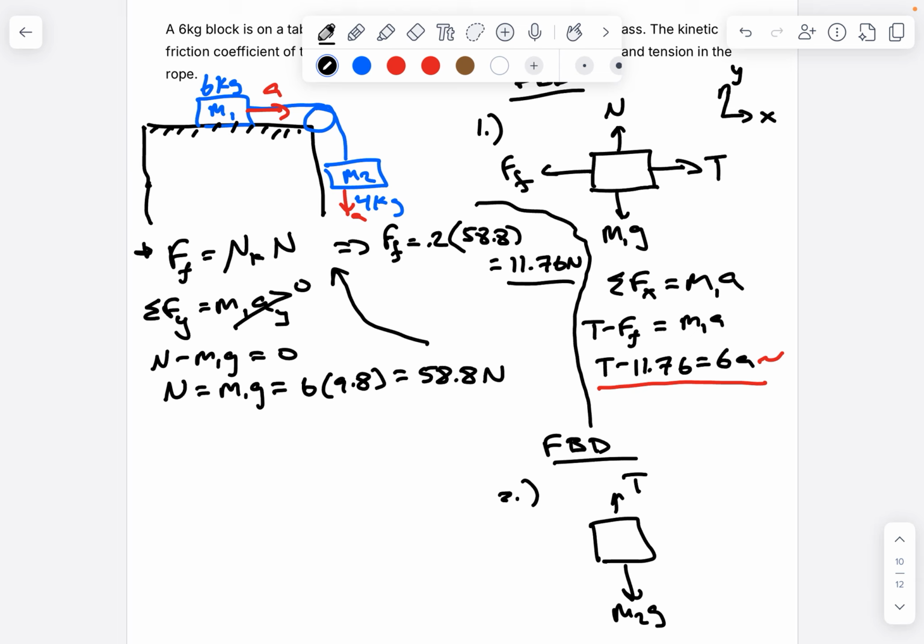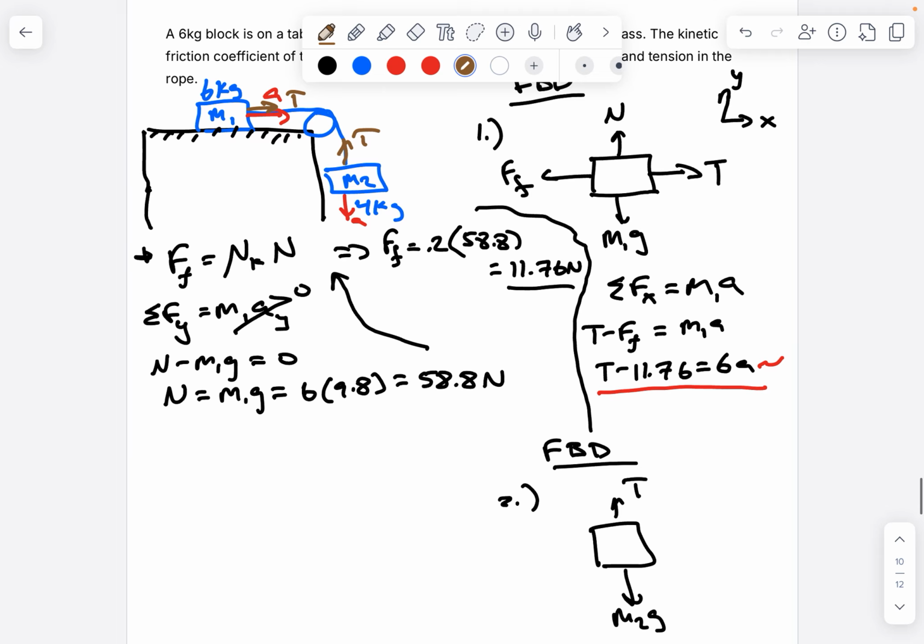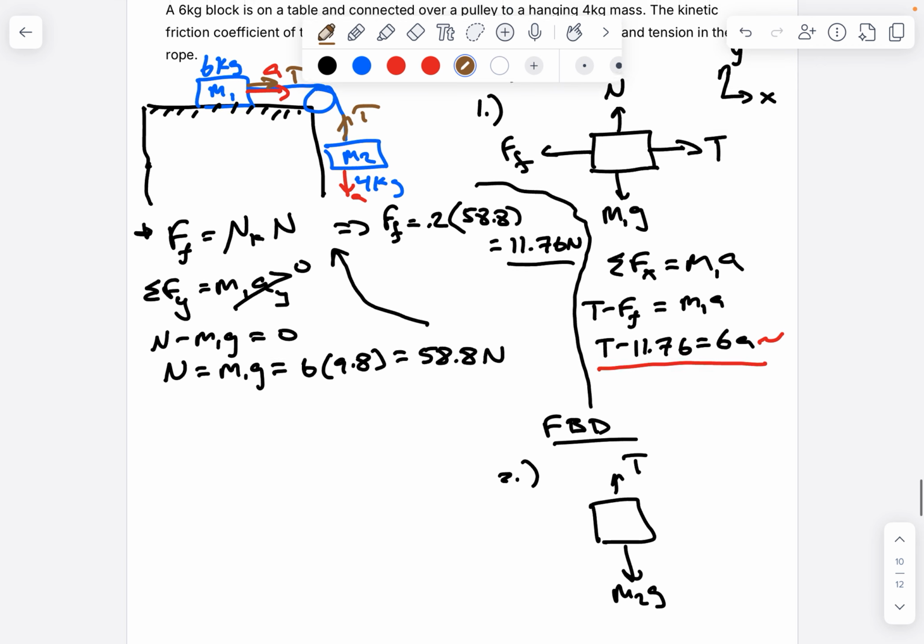I'm writing tension as just T rather than TX, TY, or T1, T2, because the tension on the rope here is the same as the tension on the rope there. It's the same rope. The tension on either side of the rope has to be the same, otherwise the rope is broken, and it's not a tension problem anymore.